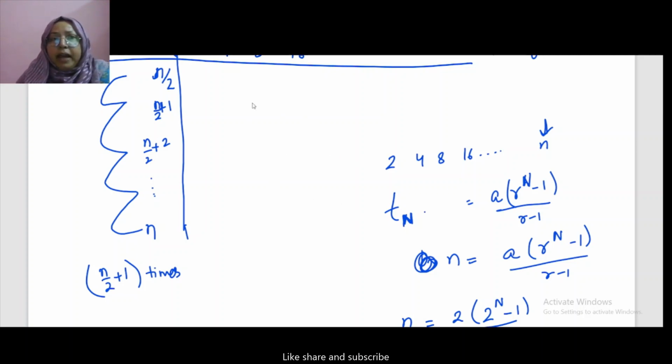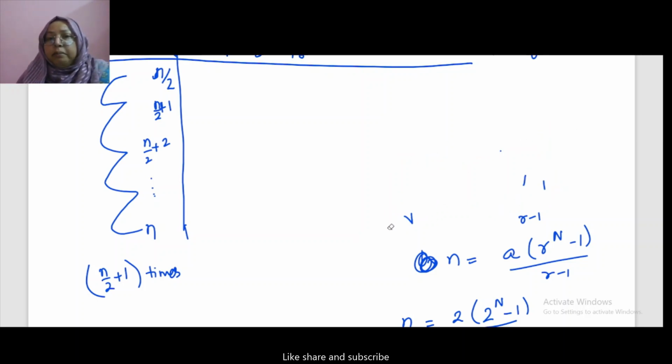We will multiply both of them: the number of times I is running and the number of times J is running. So it will be (n by 2 plus 1) into log n times.